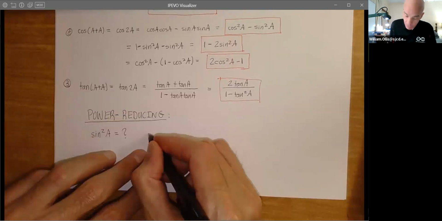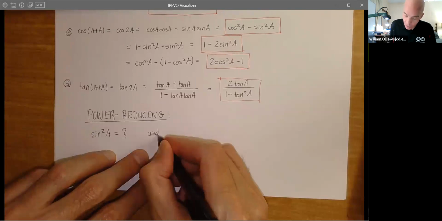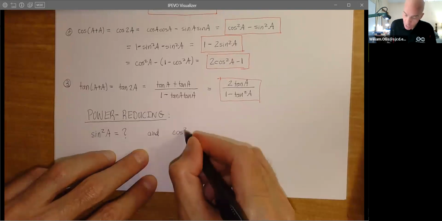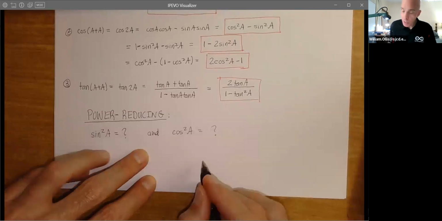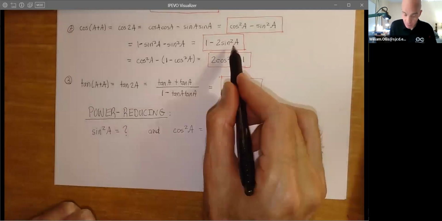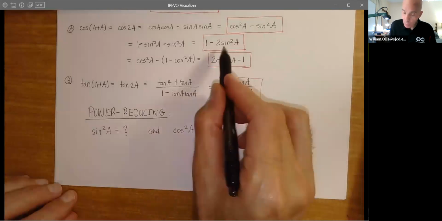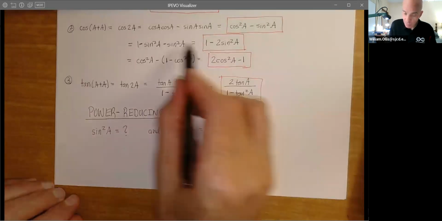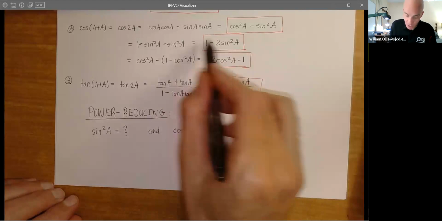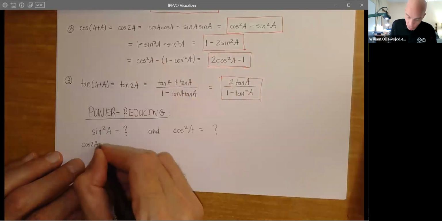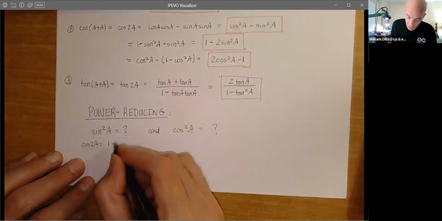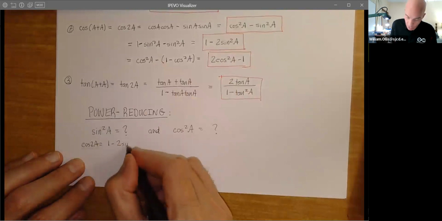And what about reducing the square of the cosine to a single power? What do we do? Oh, we just go right up here. We'll take this equation, cosine 2A equals 1 minus 2 sine squared A.